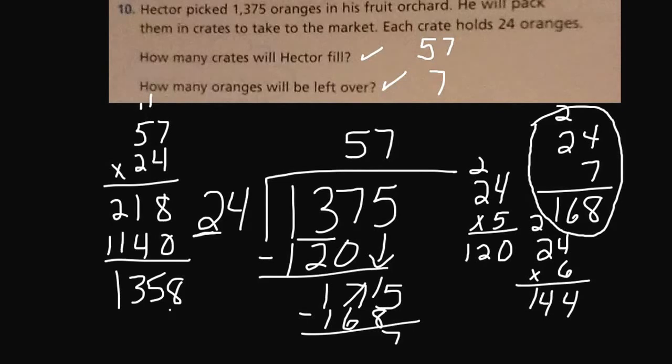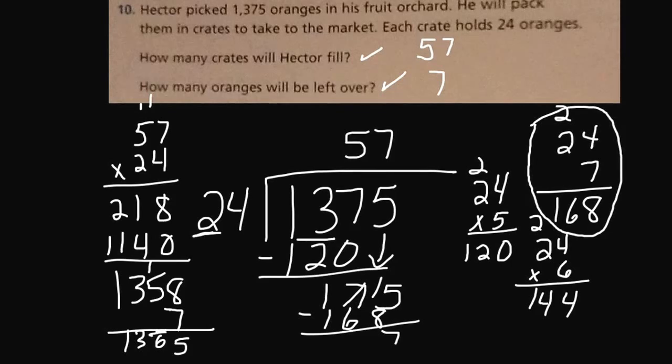Okay, what did I do wrong here? I see a mistake. If I add the remainder 7, I would get 1,566. I'm off by 1 in the tens place. I'll have to look and see what mistake I made.